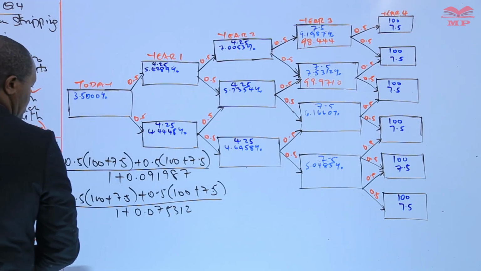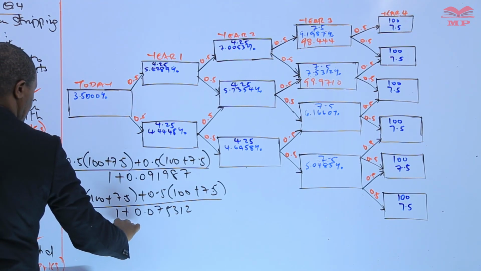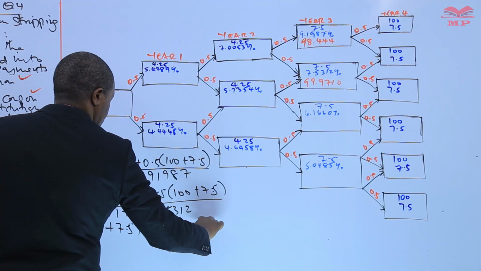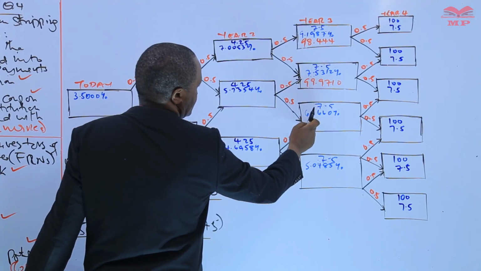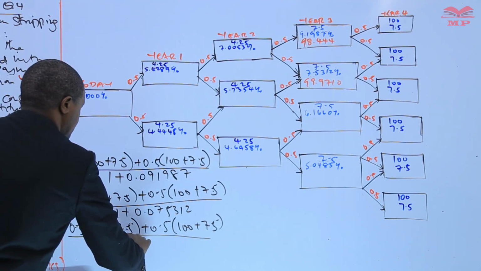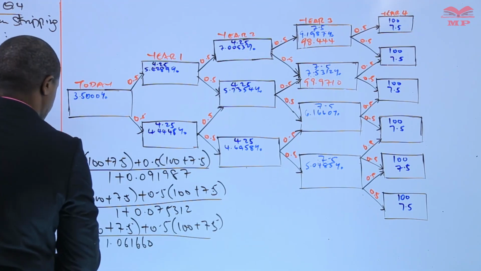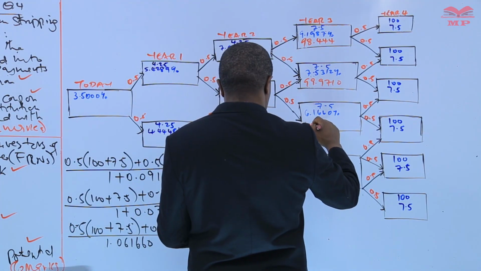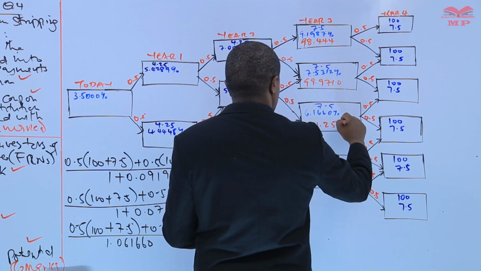Moving on to this node, we get this total here, then discount. That is going to be 0.5 into 100 plus 7.5 plus 0.5 into 100 plus 7.5, divide by 1.06166. The answer here is 101.2565.